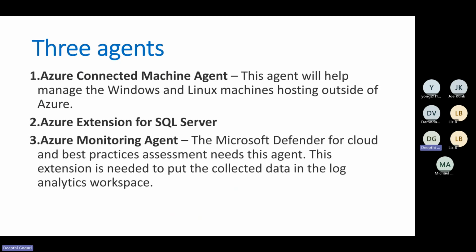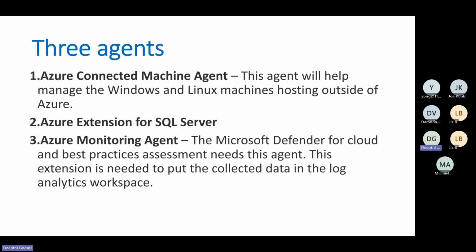This agent helps manage the Windows and Linux machines hosted outside of Azure. If you want to pull the Windows or Linux machines where your database servers are hosted, you need this Azure Connected Machine Agent.